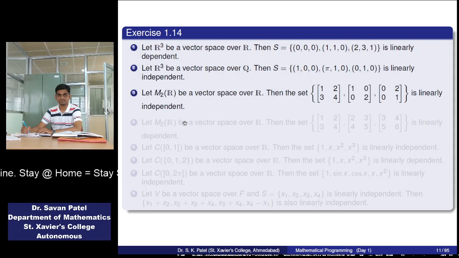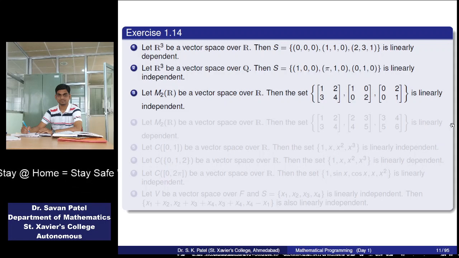Let M2R be the set of all 2 cross 2 matrices with real entries. Then this set, first matrix is [1 2; 3 4], second matrix is [1 0; 0 2], and third matrix is [0 2; 0 1], is linearly independent. To check this set is linearly independent, first of all observe that M2R can be seen as R4, just writing 1 2 3 4 in one row.